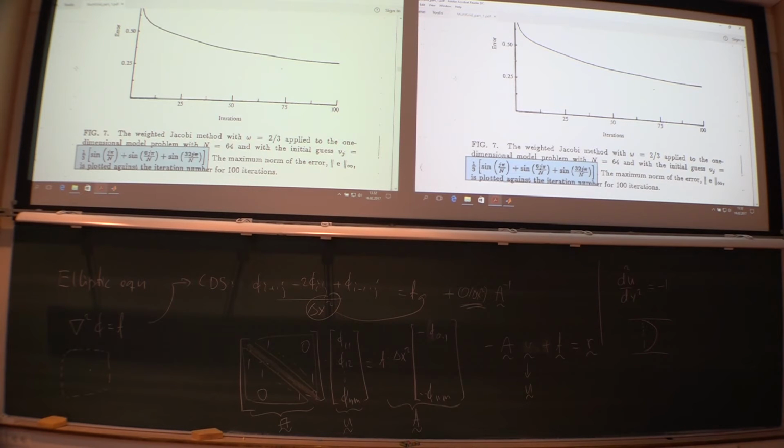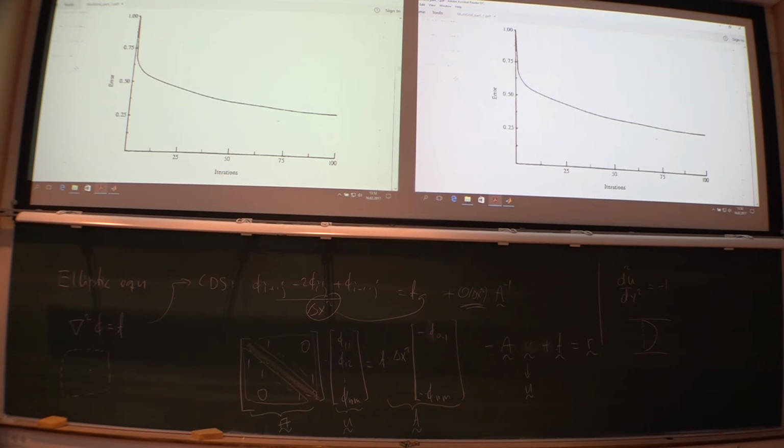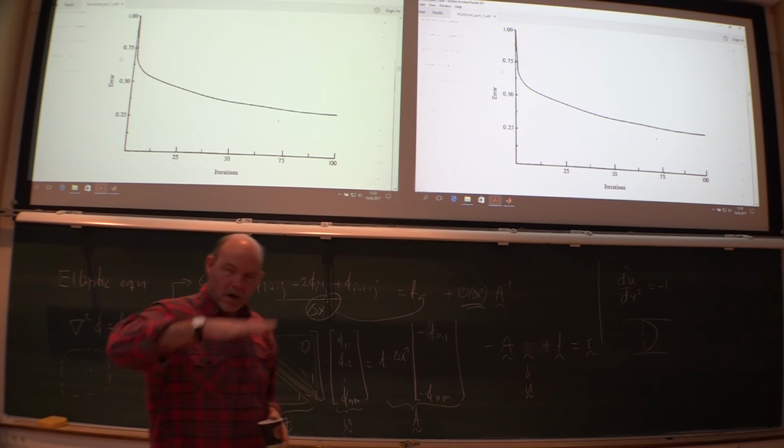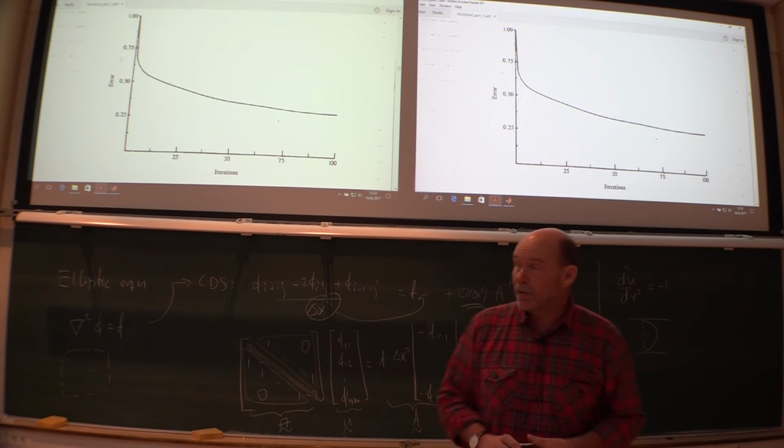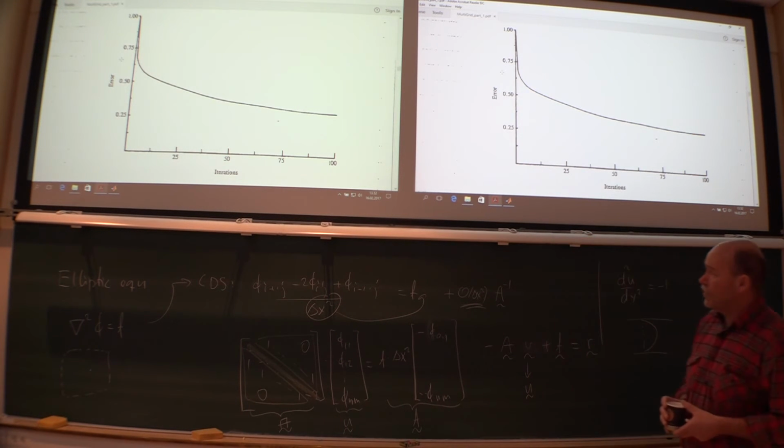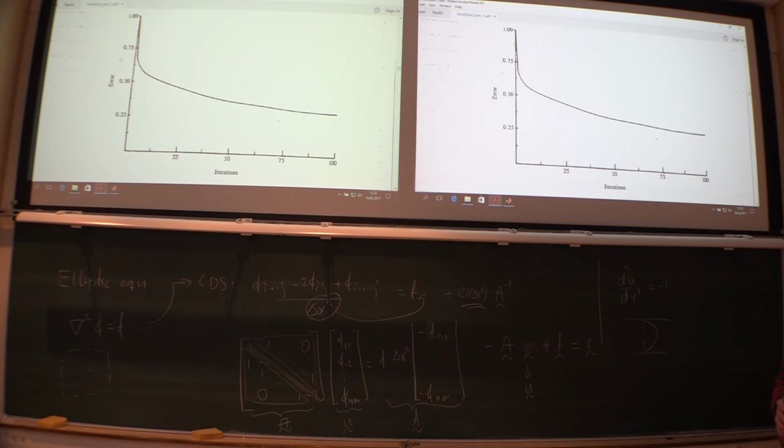Then you see what happens. Just during the first couple of iterations, the error drops very much, almost halved. That is the high frequent mode that now has been filtered out or removed. But the low frequent error, staying on forever, pretty much. So the method is very efficient initially, but then you can forget it.